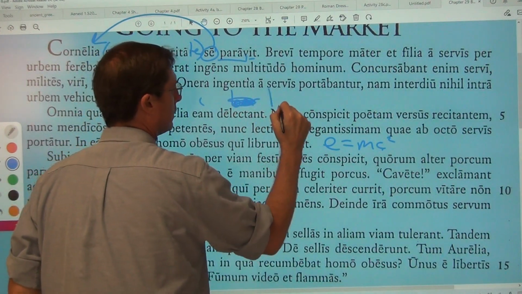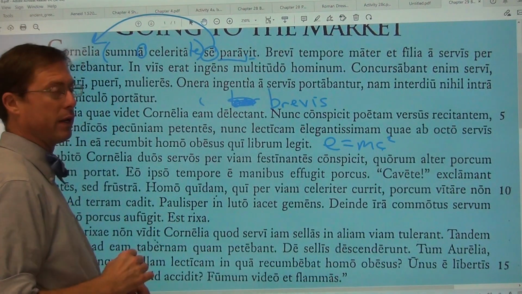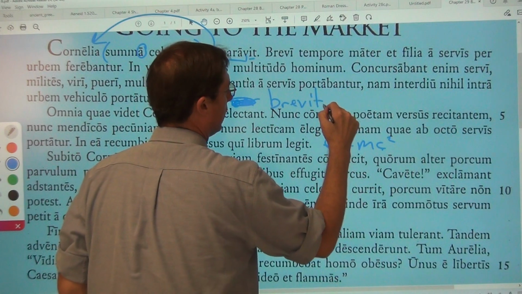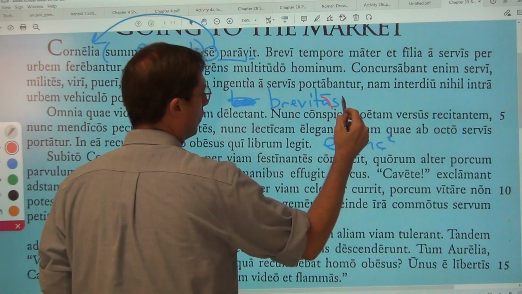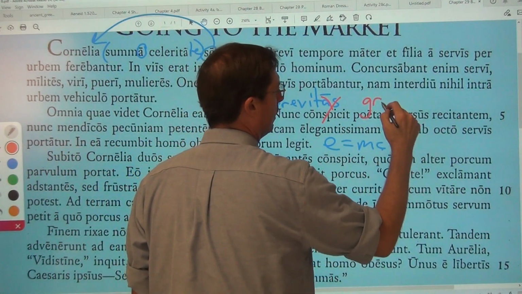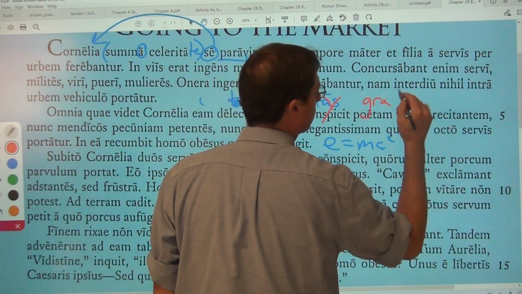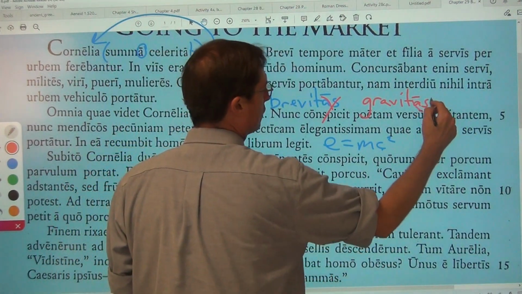Let me rewrite it. So brevis would of course be the adjective, brevis, breve, but then you turn it into the noun brevitas, and thus you get the English word, and you can replace that as with a y, brevity. You can also have the word from heavy, which is gravis, heavy or serious, that will then turn into gravitatis, in which then we get, of course, gravity.